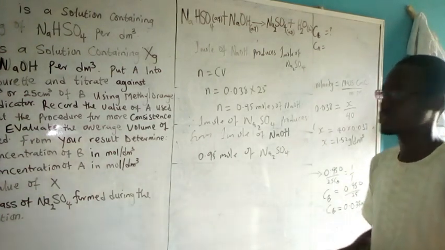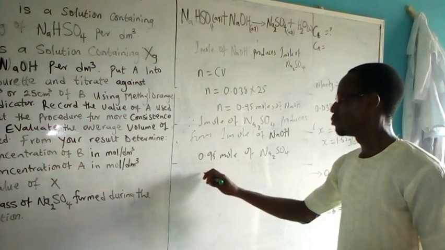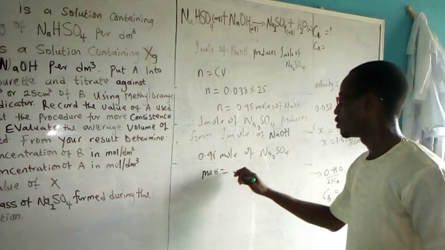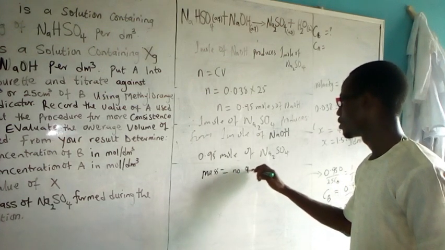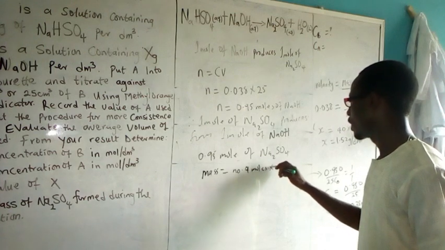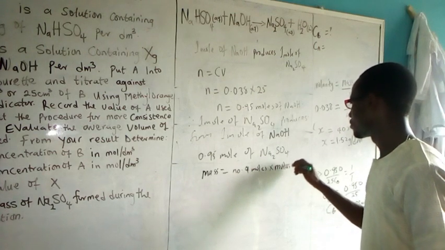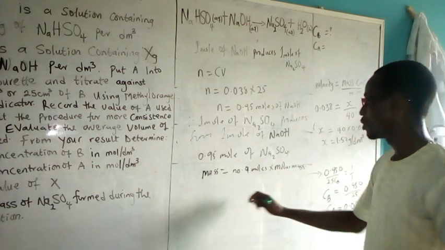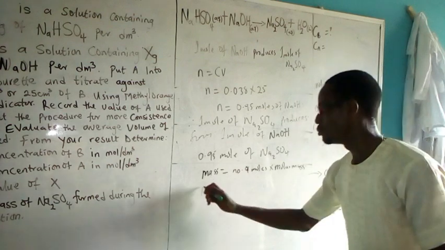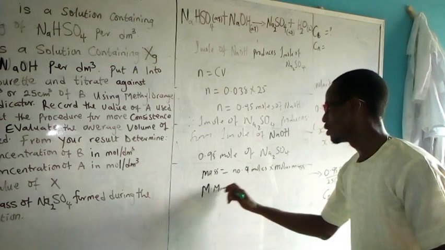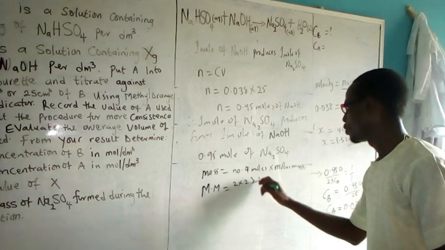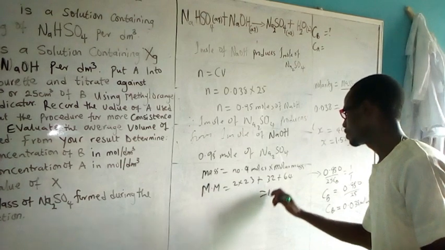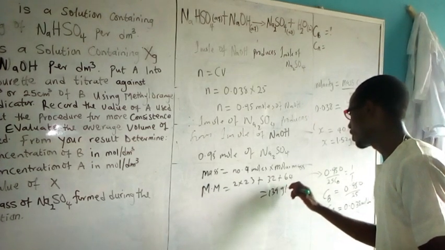But what will be the mass of that 0.95 moles? So we use mass equals number of moles times molar mass. What will be the molar mass of Na2SO4? The molar mass of Na2SO4 will be 2 times 23 plus 32 plus 64, which is 139, so we have 139 gram per mole.